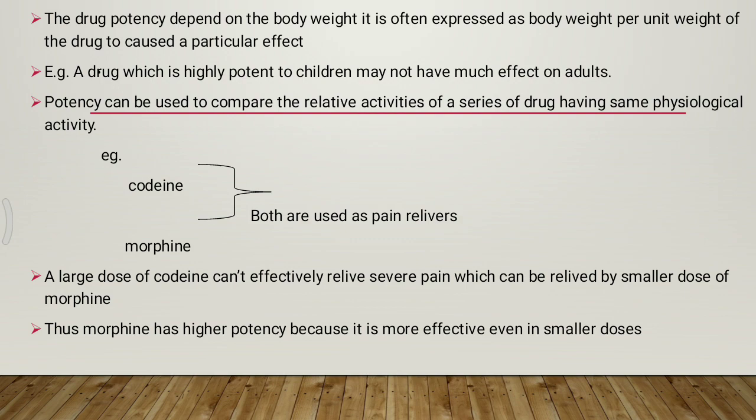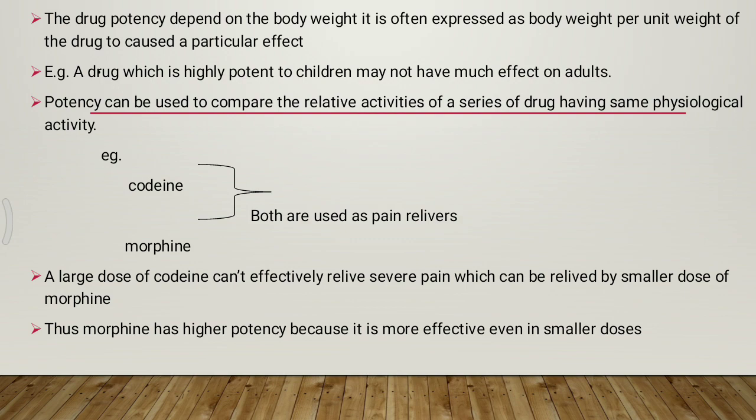Example, a drug which is highly potent in children may not have much effect on adults. For example, 250 mg paracetamol has a high biological action in children as compared to adults.